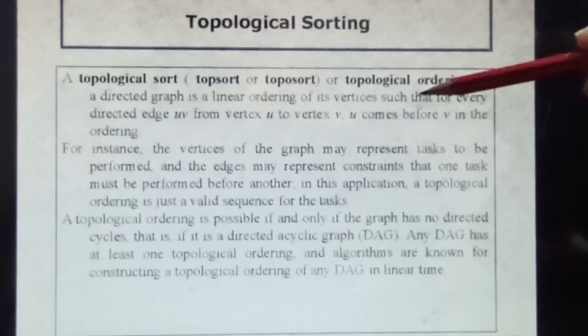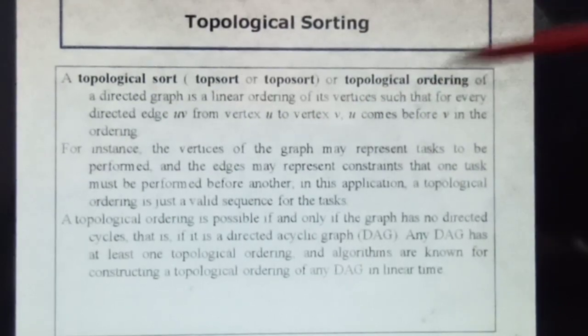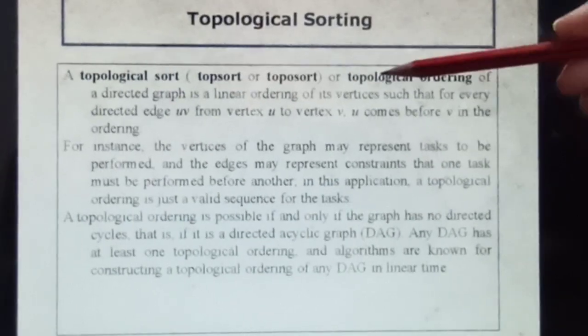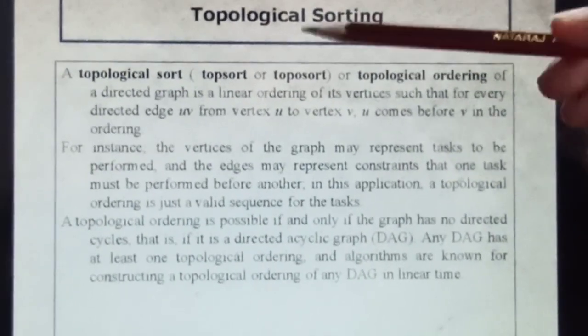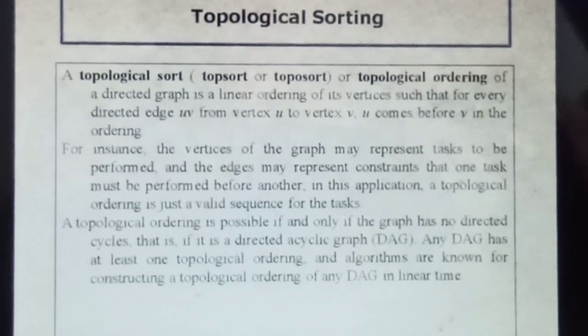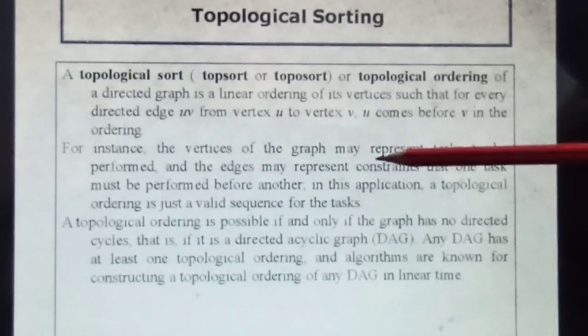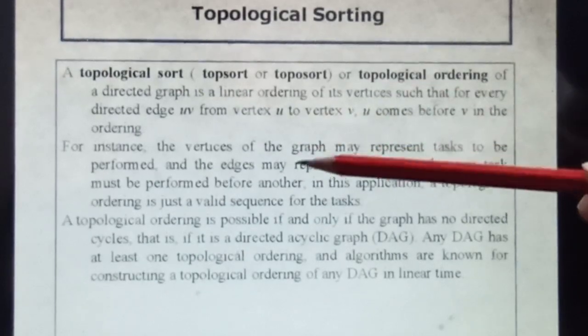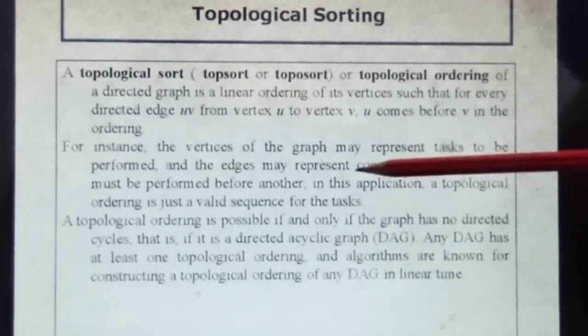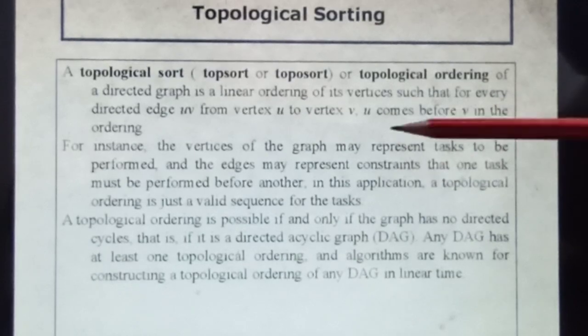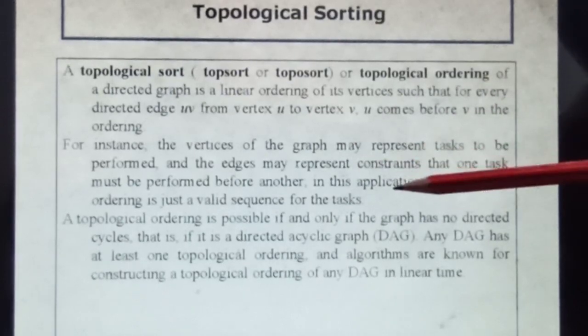That means wherever the dependency is there, to convert that dependency tree into the linear ordering, topological sorting is used. The vertices of the graph may represent the tasks to be performed, and the edges may represent the constraints that one task must be performed before another.